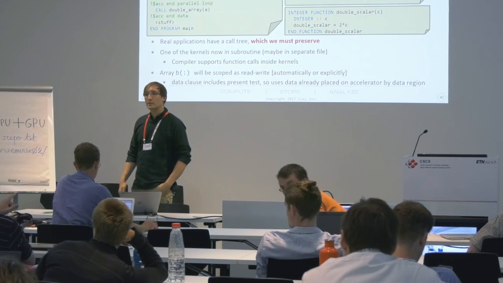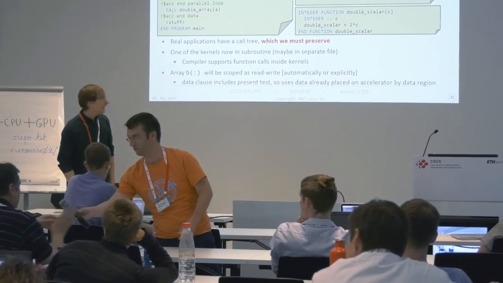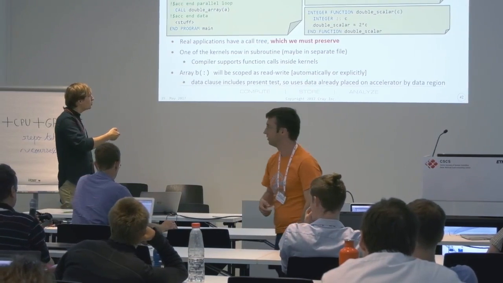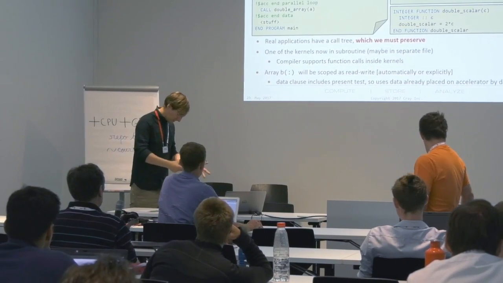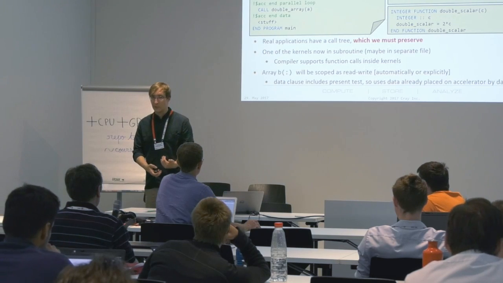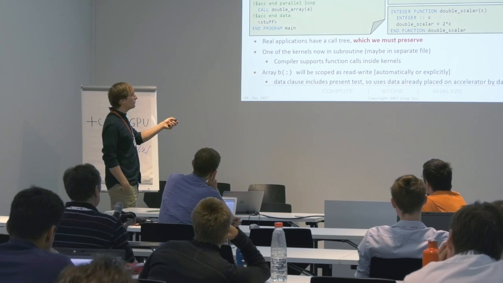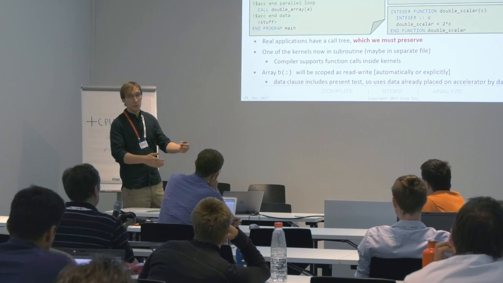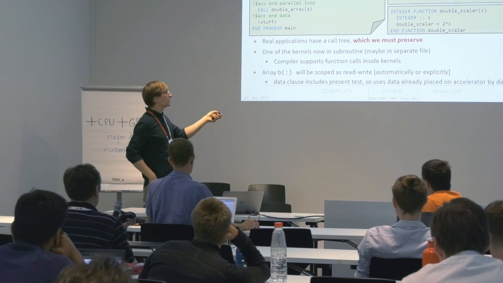So the loop should immediately follow the ACC parallel loop directive. Yes, the parallel loop directive makes it necessary that a loop statement follows. You can do an OpenACC parallel without a loop and then an OpenACC loop around the loop, but usually you do it in that way.